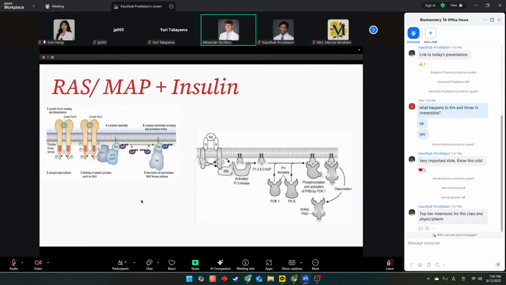So once again, you're going to have to know another cascade. With this one, the unique thing is that the receptor is going to already be dimerized. Before insulin binds, the receptor is already dimerized, compared to when a growth factor binds, where it's going to be monomeric and then it dimerizes. But this one is pre-dimerized in the RAS-MAP insulin pathway.